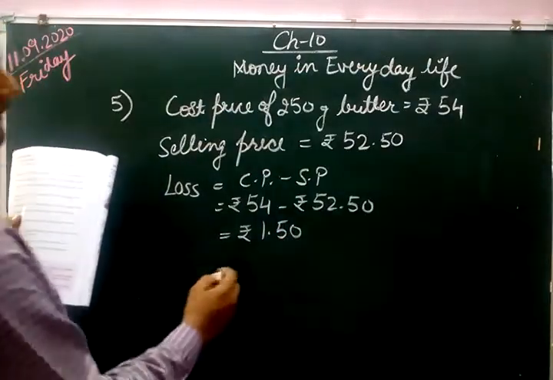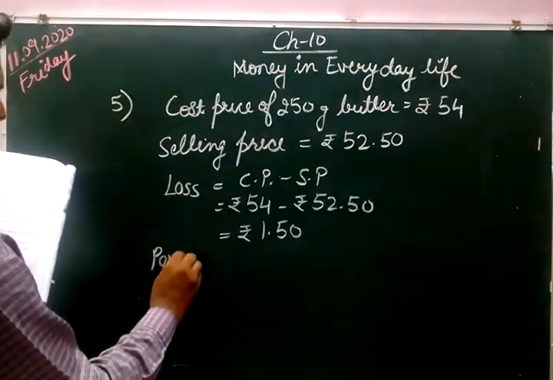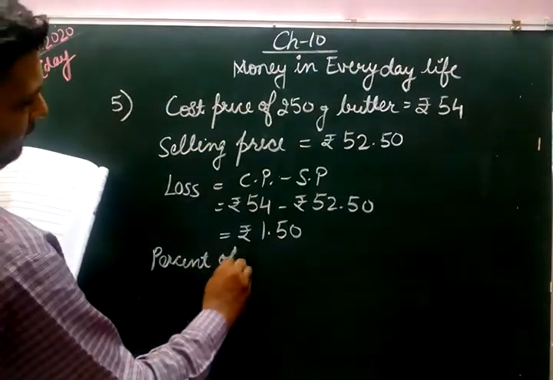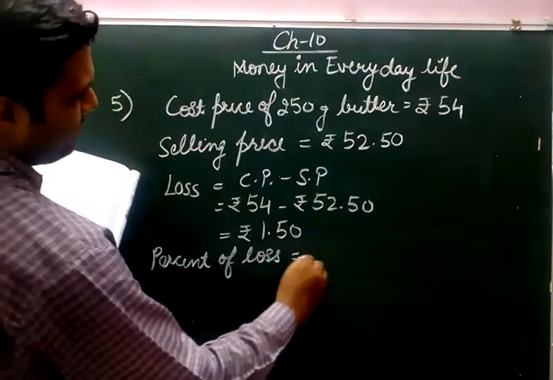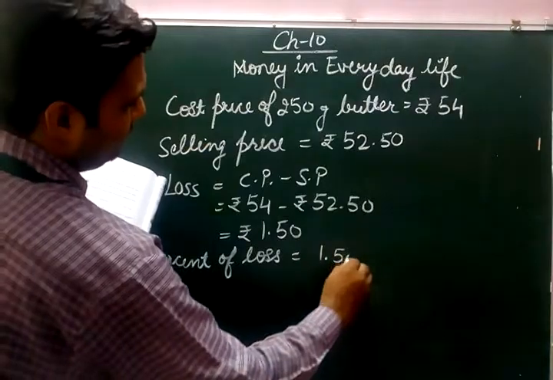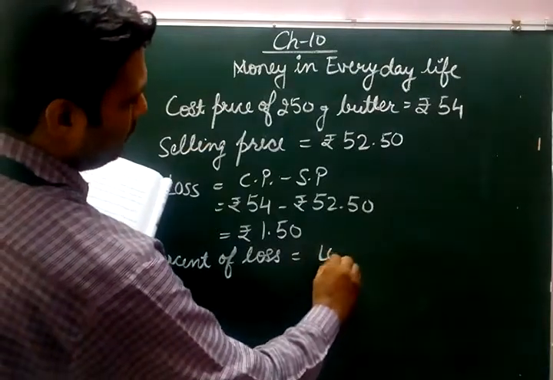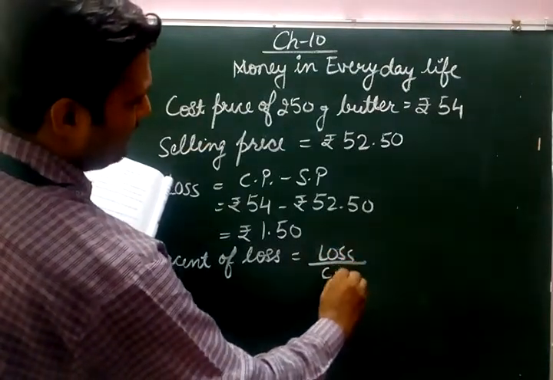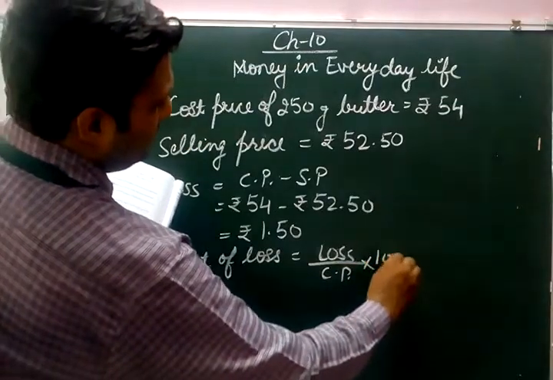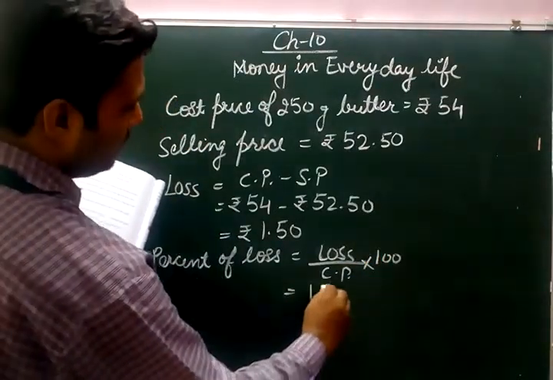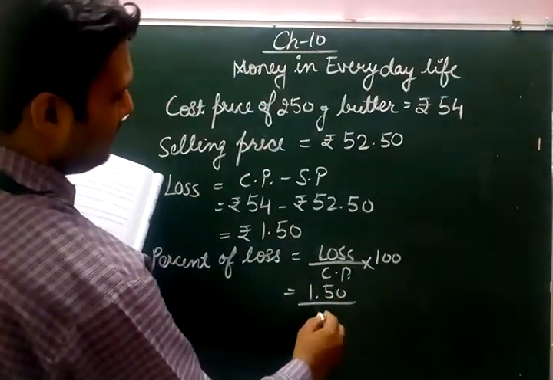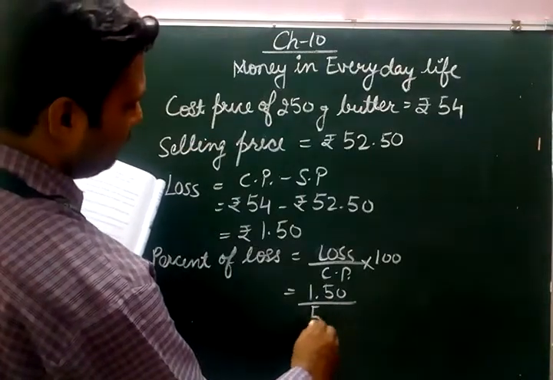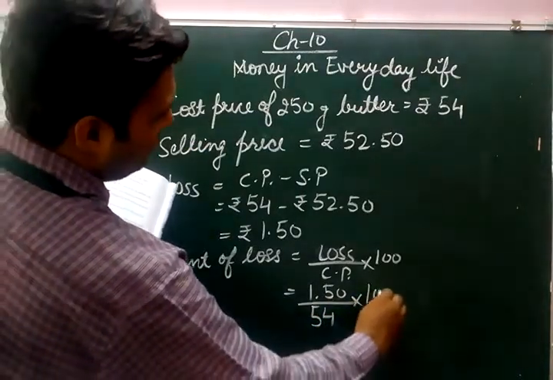So loss is 1 rupee 50 paise. Percent of loss, by the formula, is loss divided by cost price multiplied by 100. Loss 1 rupee 50 paise divided by 54 rupees multiplied by 100.